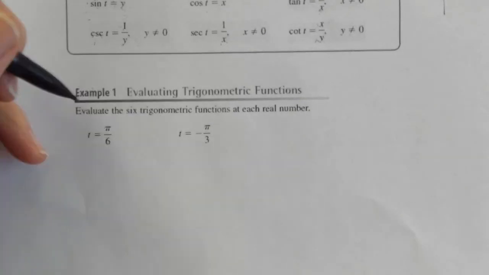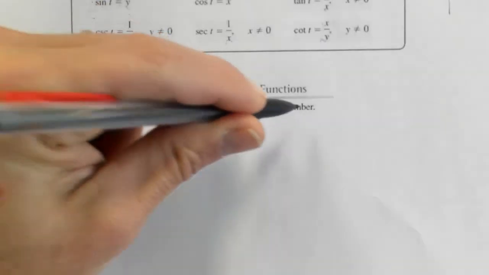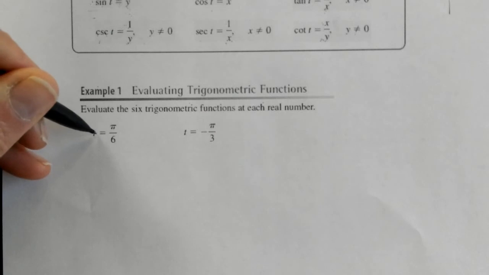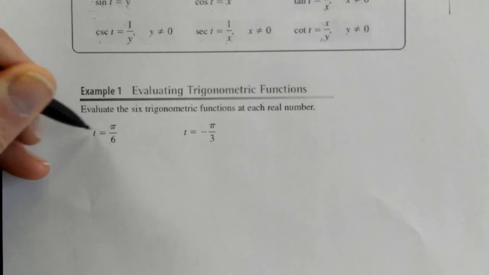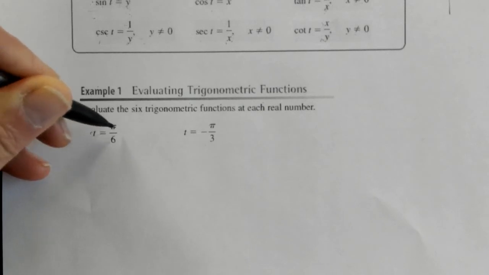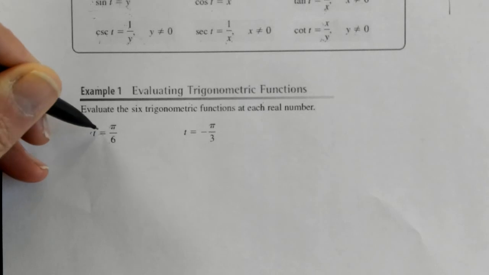It says to evaluate the 6 trigonometric functions at each number. So the number is t equals pi over 6. Now remember, this t corresponds to two things. It corresponds to the arc length going around the circle, and it also corresponds to the central angle.